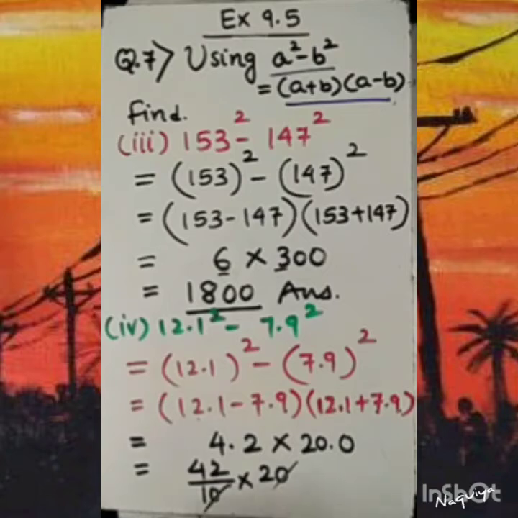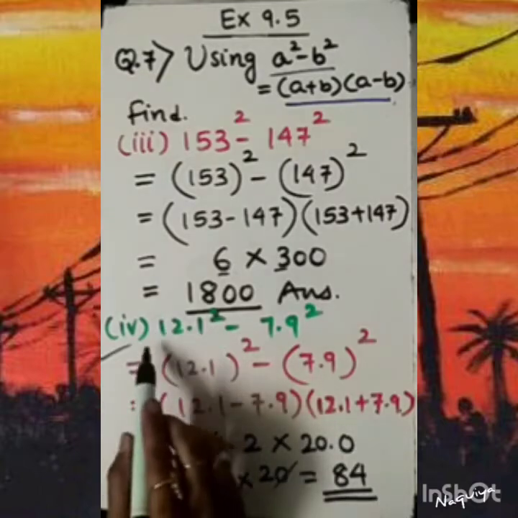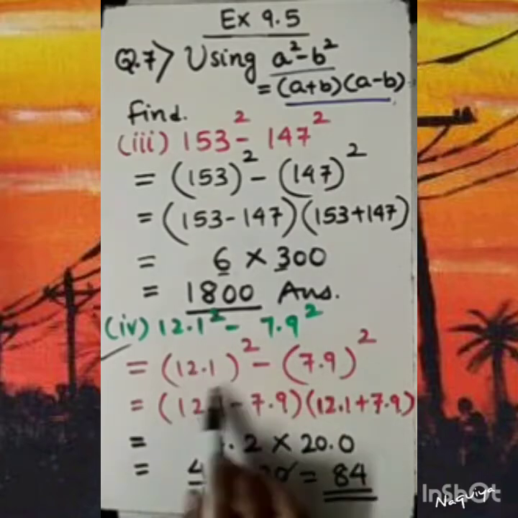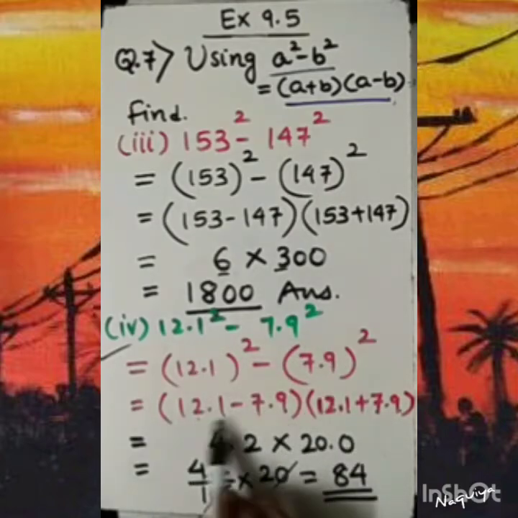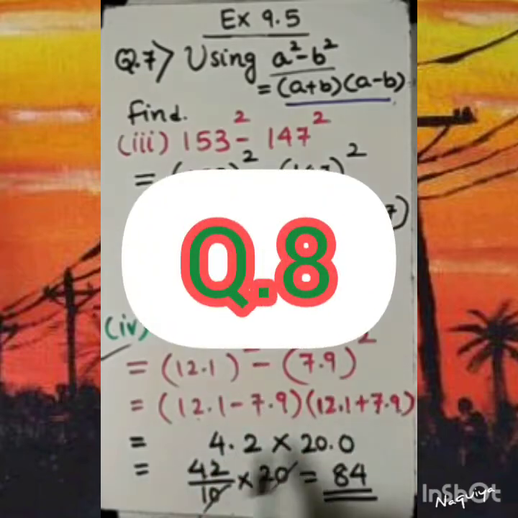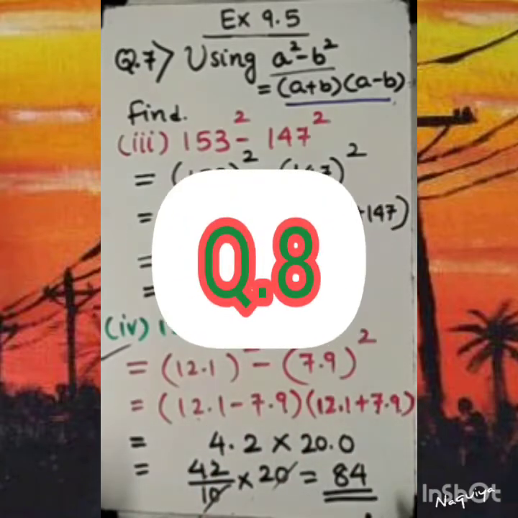We know 0 0 cancel. 42 times 2, the double of 42, is 84. So you can see the answer is coming 84 here for this question. The question is given in the decimal form, but when we apply the third identity, a minus b, a plus b, that is equal to a square minus b square, we got this simplification, that is 84.